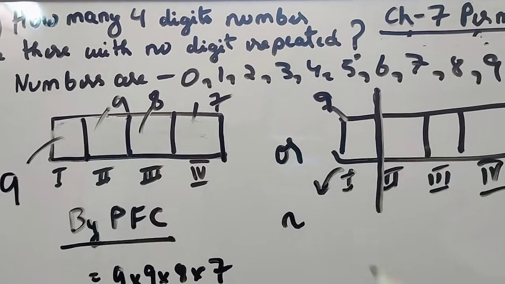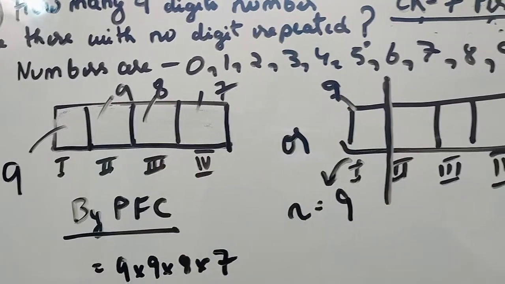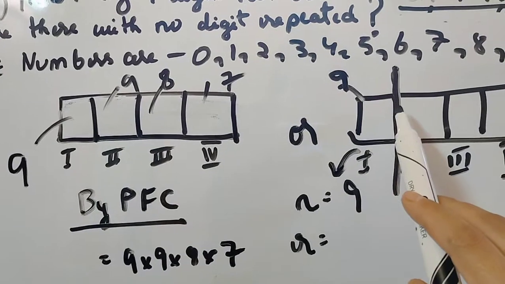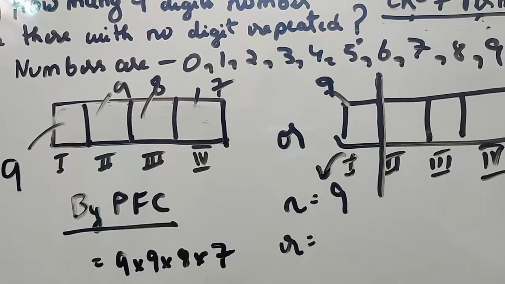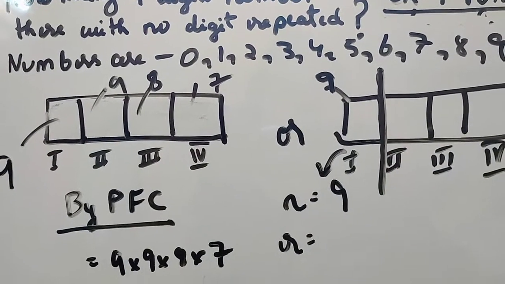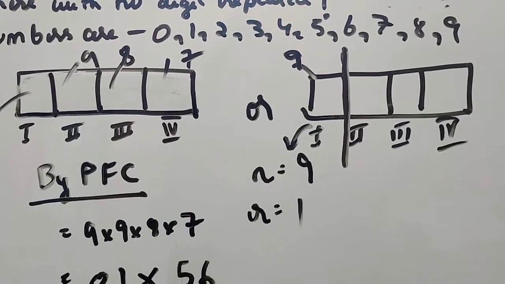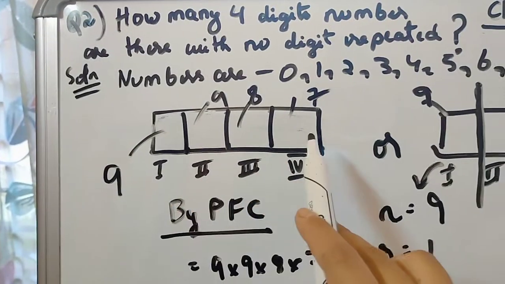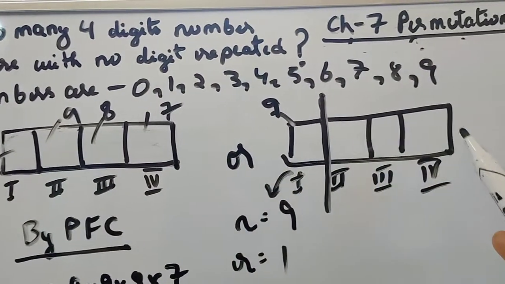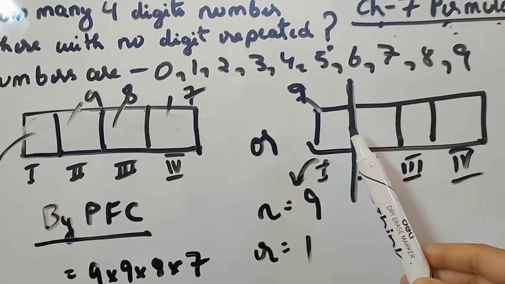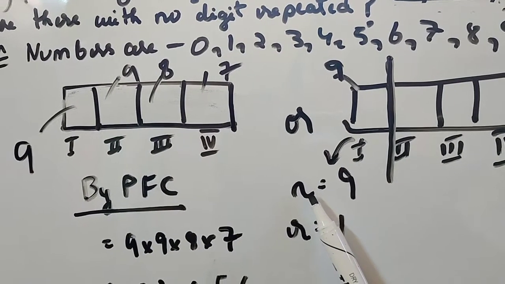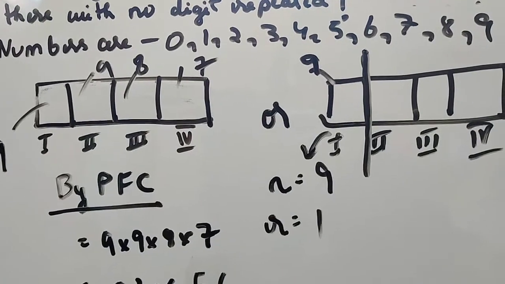For this first box, my n will be 9, and my arrangement, since I'm considering the 1000 place, that is one digit, one box, will be 1 only. Here my arrangement was 4. If I consider all of this, then it will be 4, but since here I cannot use 0, I separated, and for this arrangement n will be 9 and r will be 1.